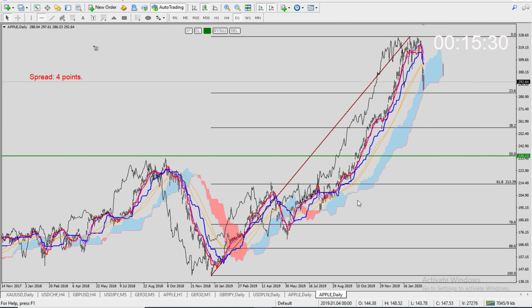So the market was going up like crazy for a really long time. If we have a look from November 2018, maybe this was November, more like December, January. So for the whole of 2019, we were in a bullish trend, like a massive bullish trend.